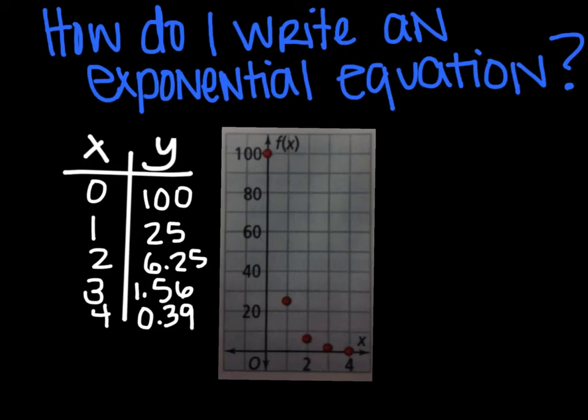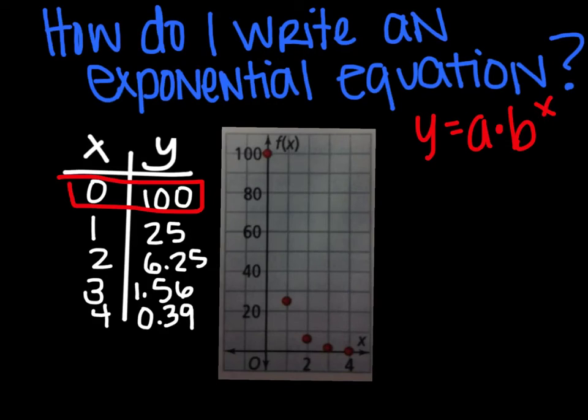You'll want to use 0 as a helpful piece of information, because if you keep in mind, our formula is y equals a times b to the x. When x is 0, that means b to the 0 power is 1, so it gives you your a number right away. So I automatically know that I have y equals 100.